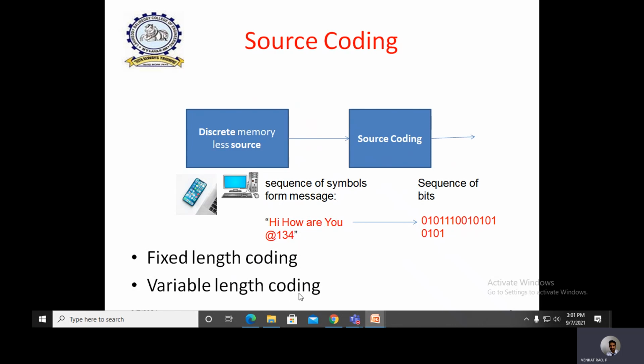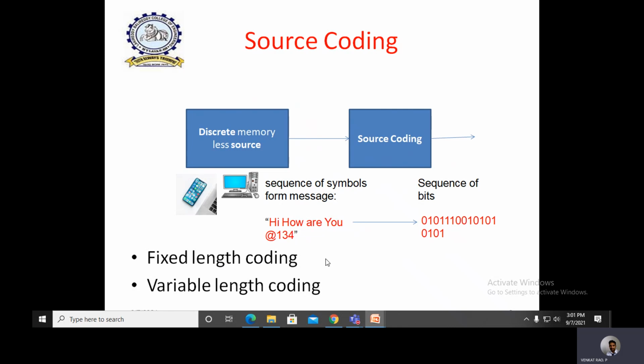If you use variable length coding, you can clearly observe that the total number of bits assigned for this particular message is going to be less when compared to fixed length coding. Nowadays every digital transmission uses compression techniques. When you download data, an image or a video, you can observe that the size is reduced.